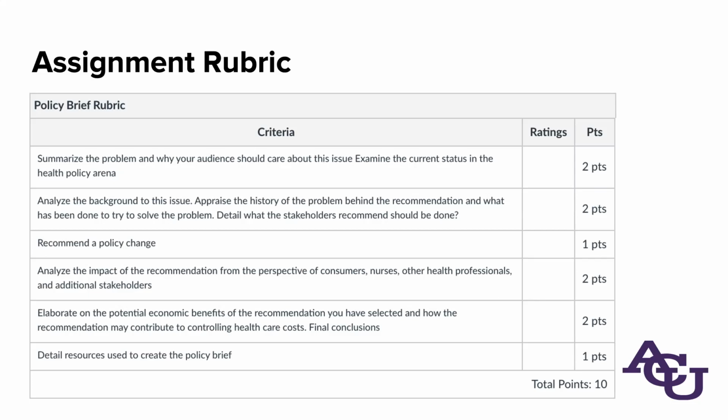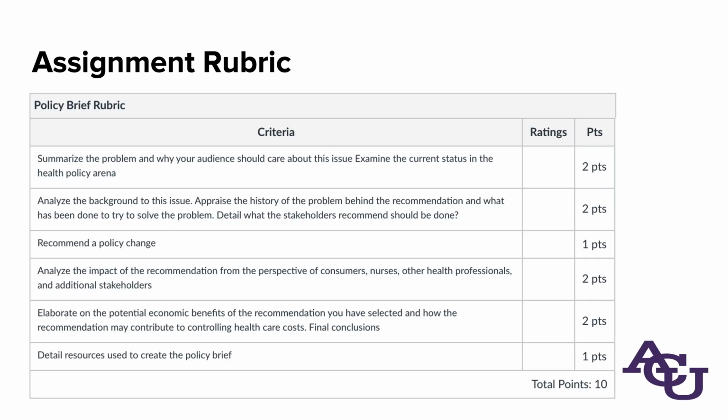And at these other sections, we're probably going to have at least 2 substantial paragraphs, probably 3, maybe even 4. 5 would definitely be excessive. So I'm going to recommend that most of these sections will be 2 to 4 paragraphs in length, but recommend a policy change will be the shorter one.